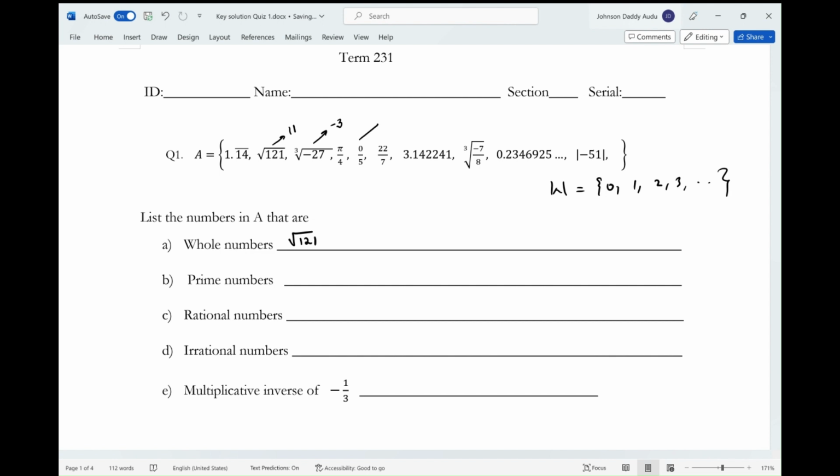So this is also another whole number because we have 0 over 5, which is just 0. Then 22 over 7 is not a whole number. This is also not a whole number. So when we get here, this is a whole number because the absolute value of minus 51 is still 51. So this is another whole number. We have these two whole numbers.